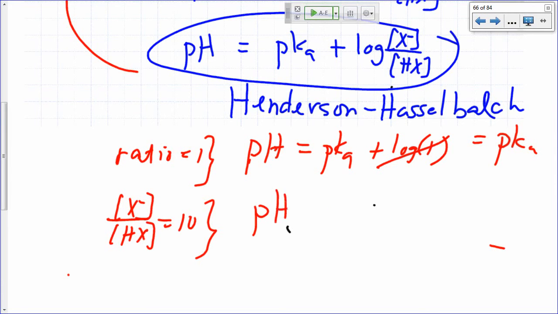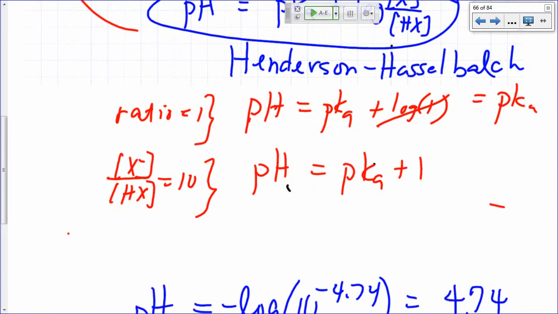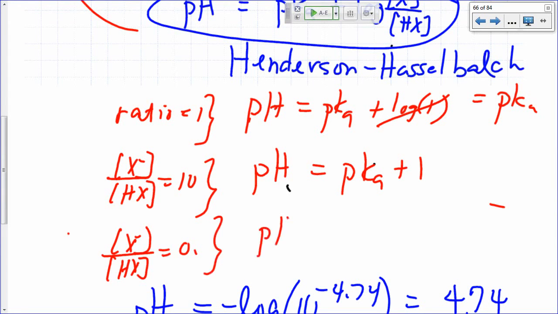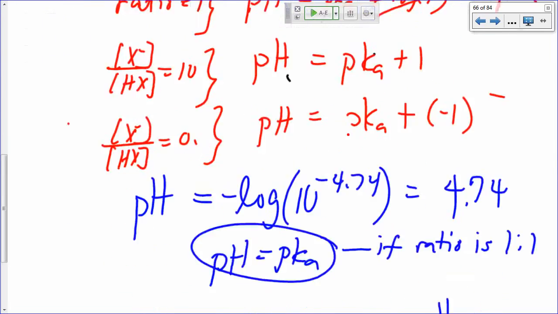Then your pH will be pKa plus log of 10. What's log of 10? 1. What happens if the ratio is 0.1? X minus over HX equals 0.1. Then your pH is going to be pKa plus log of 0.1, which is negative 1, right?